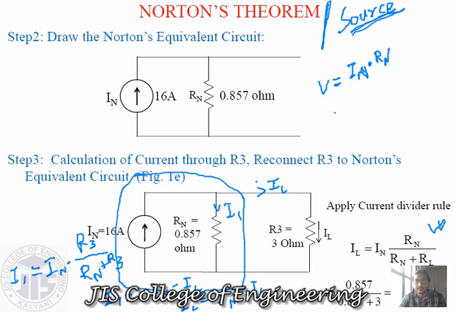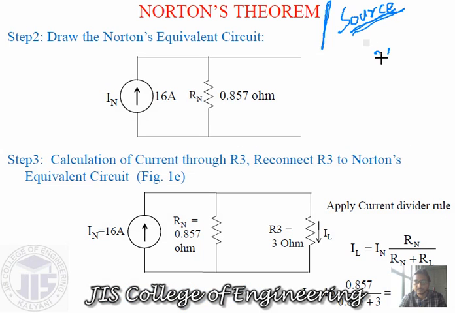So if we go for these types of calculation, then obviously our circuit will be like this: one resistance and one source will be there, and this is our load resistance, RL.